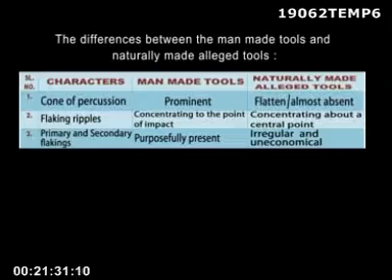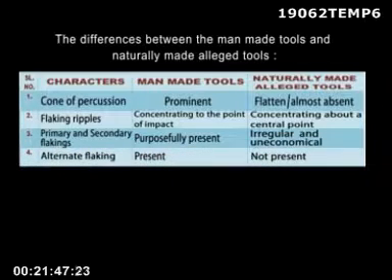Number 3. Primary and secondary flakings: done purposefully in man-made tools, and irregular and uneconomical in naturally made LS tools. Number 4. Alternate flaking is present in the man-made tools and not present in the naturally made LS tools.